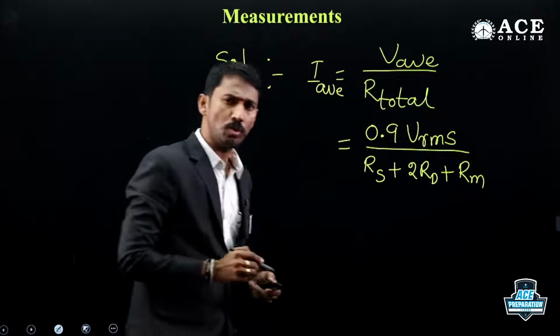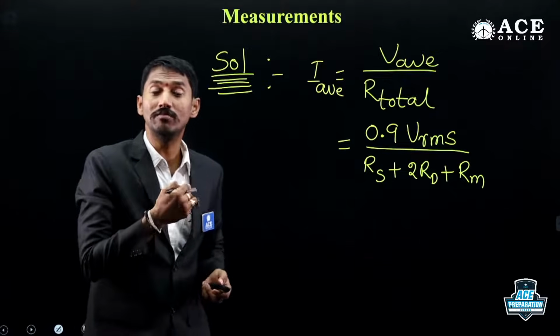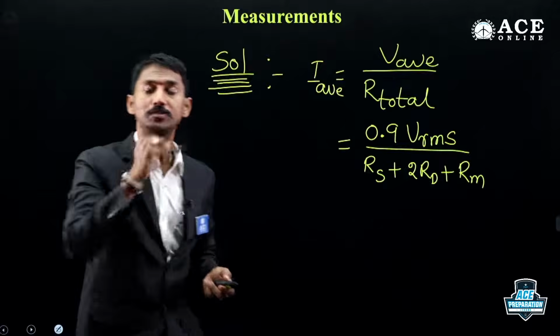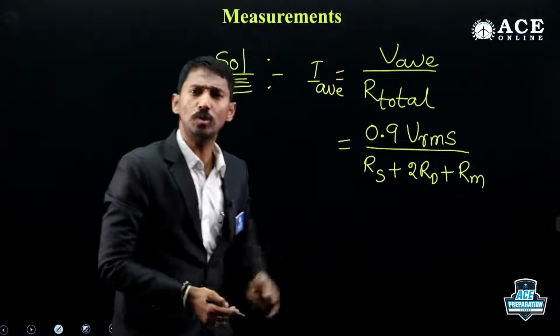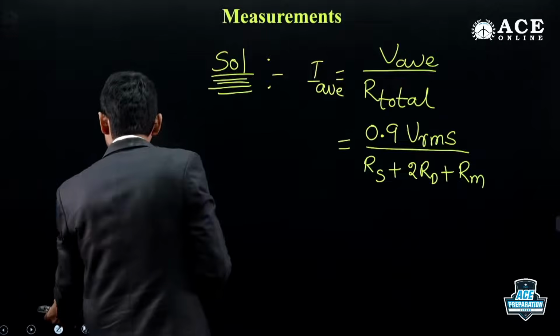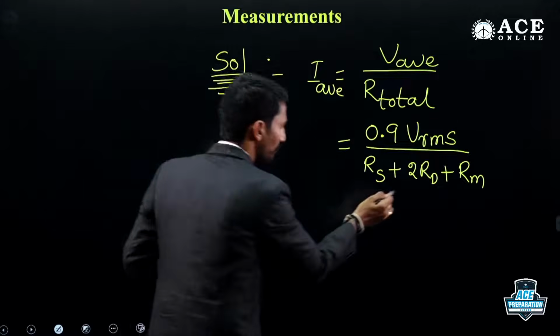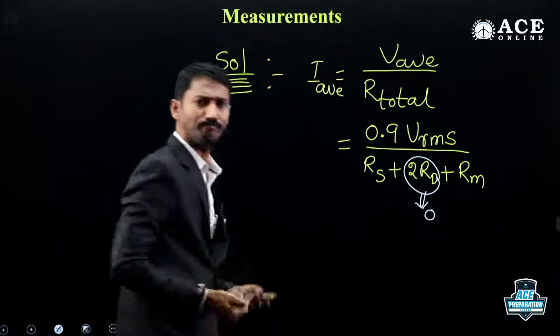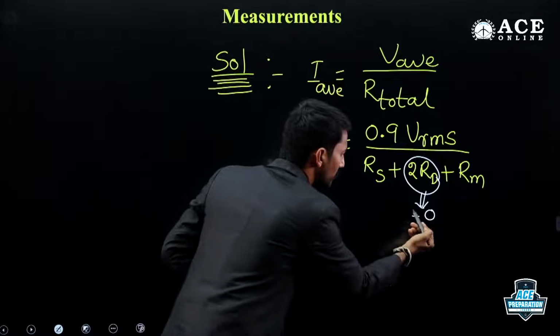Sir, why 2 RD? Everyone knows that in a full bridge rectifier there will be 2 diodes in the path every time. But as he has not given any data, this must be taken as 0.